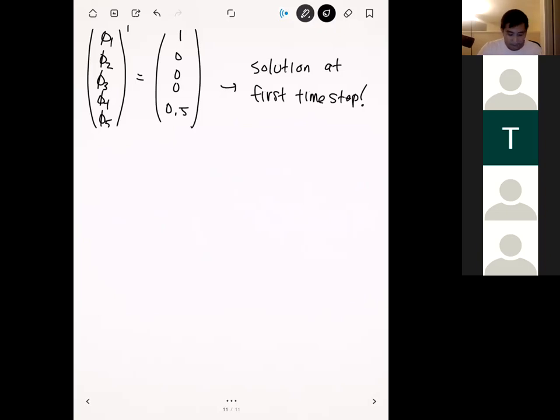All right, so that's great. And so from here, we're not done yet because now we're going to take this solution and use that solution to solve for the solution at the second time step.